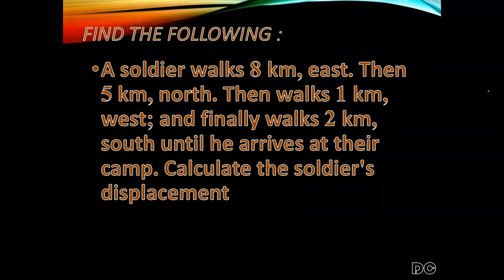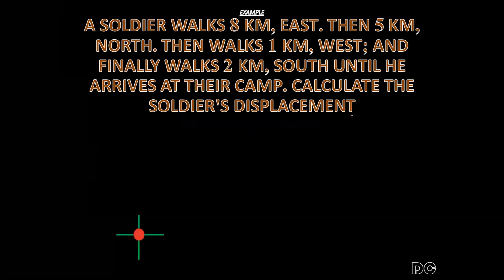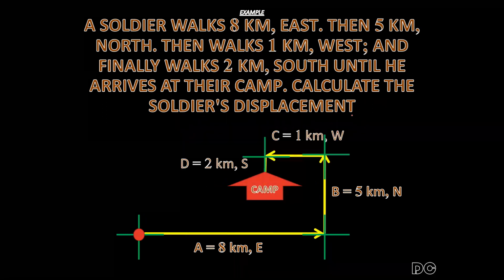Okay, so first, let us illustrate para mas makita natin siya. If this is the man, he walks 8 kilometers east, and then going north, and then west, and then south. So what is the resultant displacement of this man?